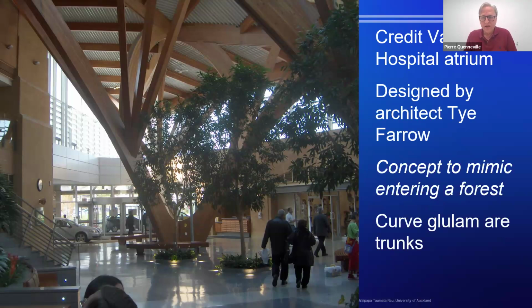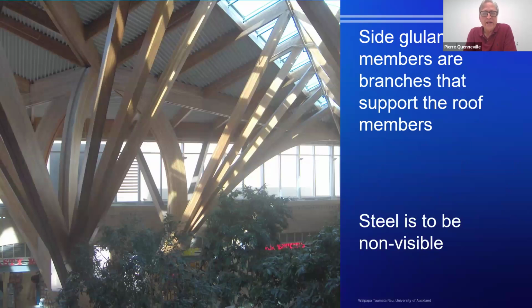The concept was to mimic entering a forest. In this case, the curved glulam members would represent the trunks, and the side glulam members would be branches that support the roof members.